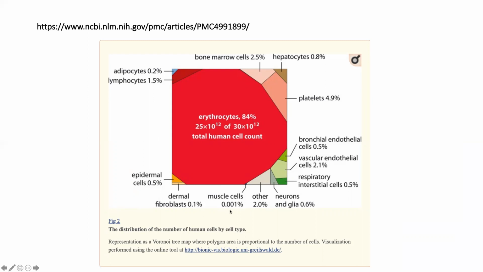If you look at our muscle cells, although they are big, they are just a very small portion. The epidermis and dermis cells together are about 0.6%, and so on. The fat in our body contributes about 0.2% of the total cells we have.